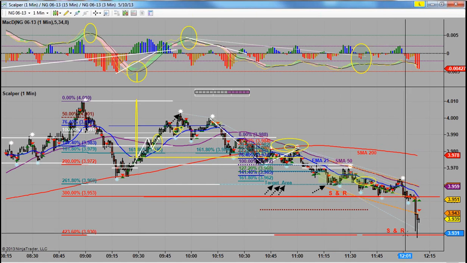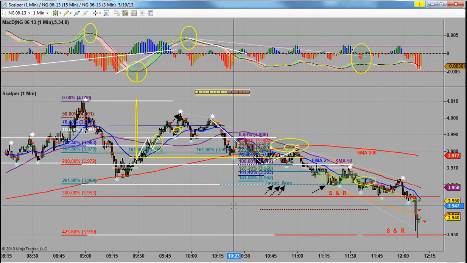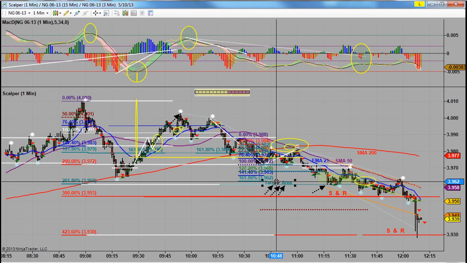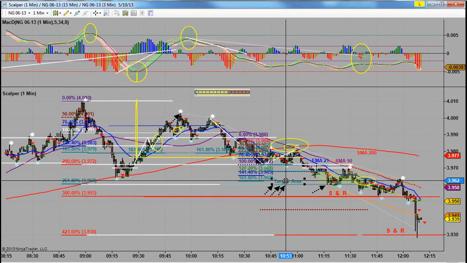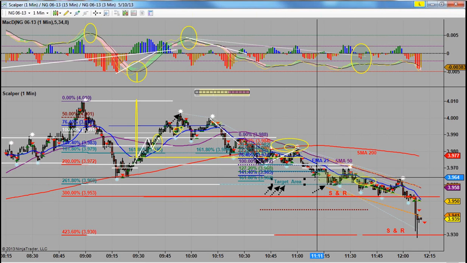So now that we came down to our next target area, and this here was our target area earlier that we were talking about, and the guys in the room took some trades, and they were positive. One would scalp, the other was a bit of a trender.